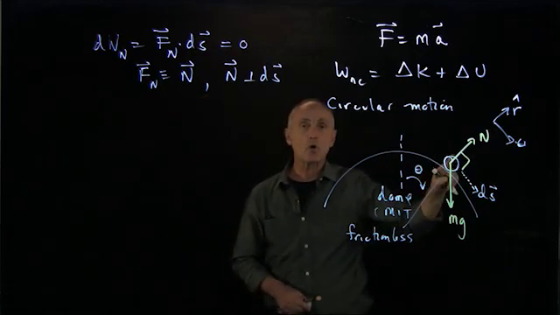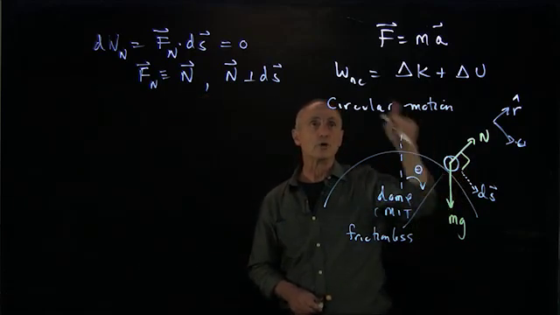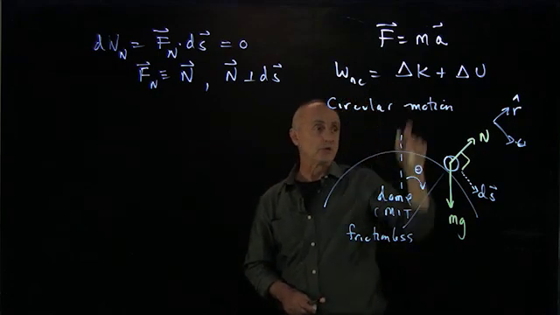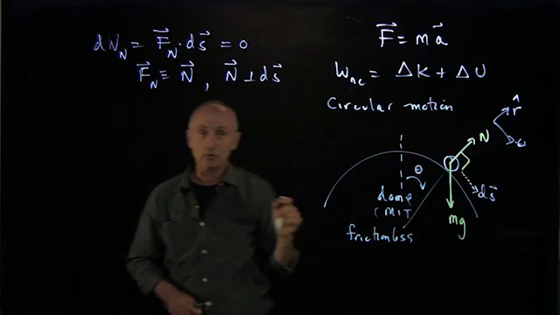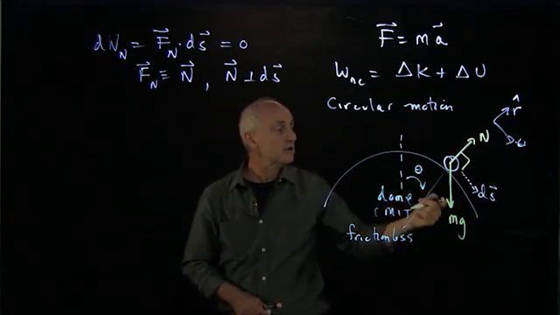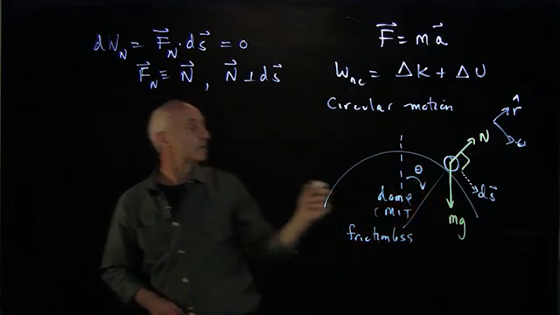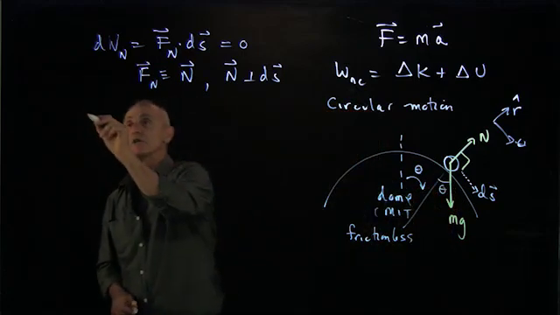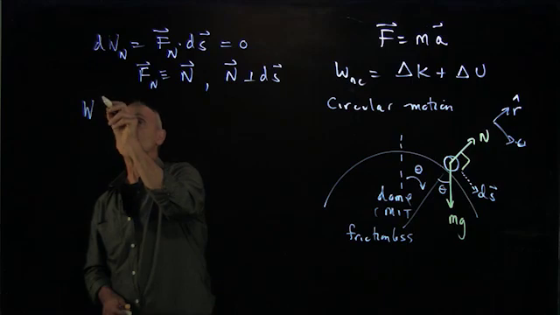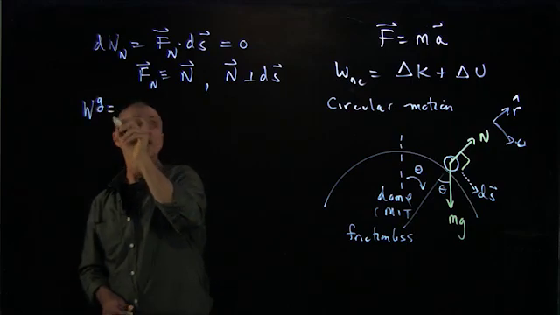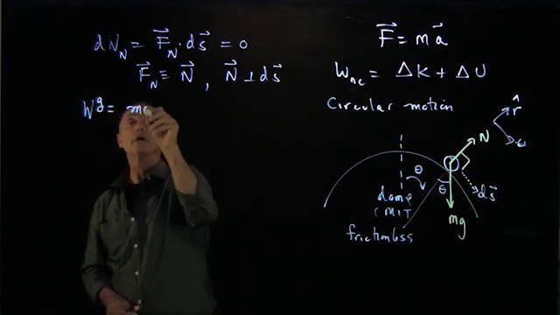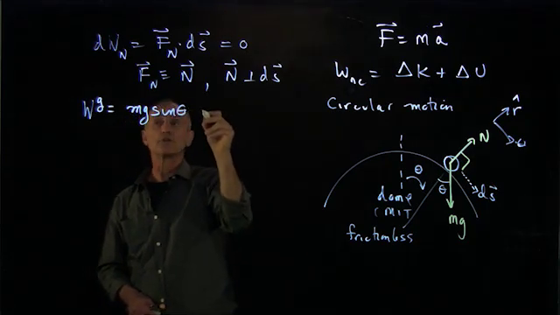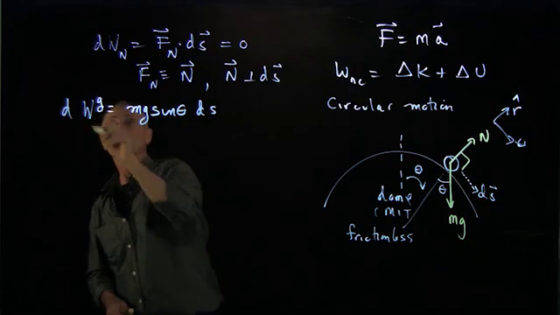So what that means is all information about the normal force is not included in the energy principle. In fact, in the energy principle, the work that's done is just the component along the motion. This is angle theta. So the actual work done by the gravitational force is the component of the gravitational force, mg sine theta, times the displacement ds.